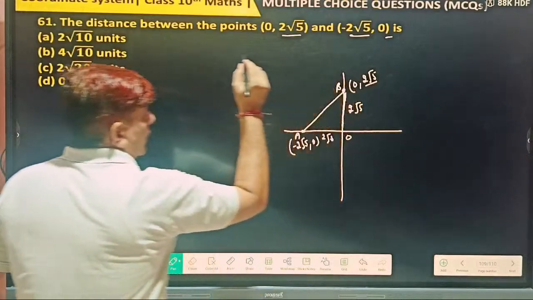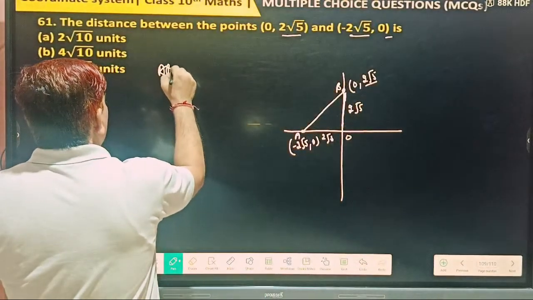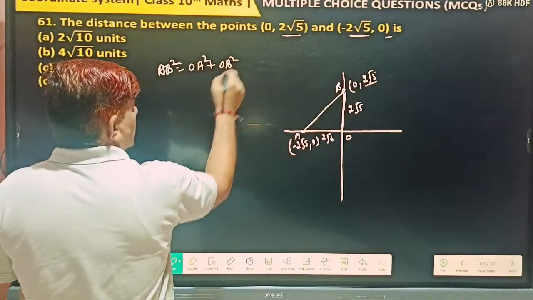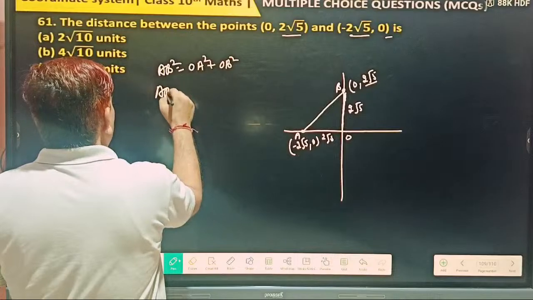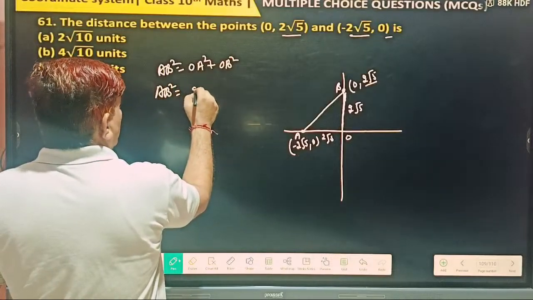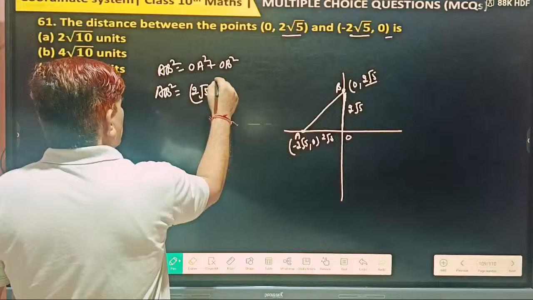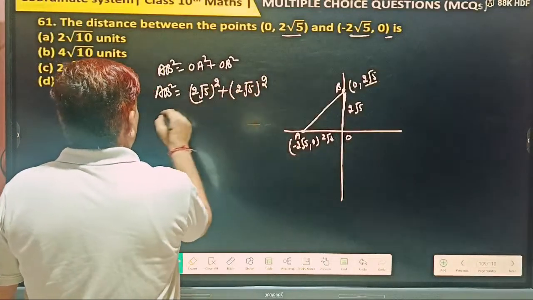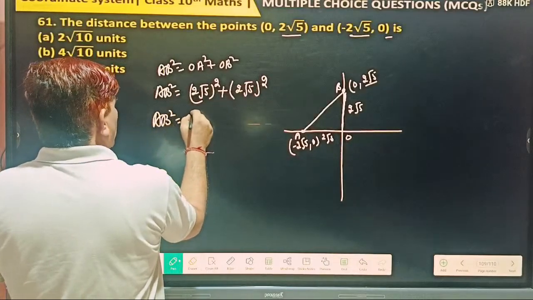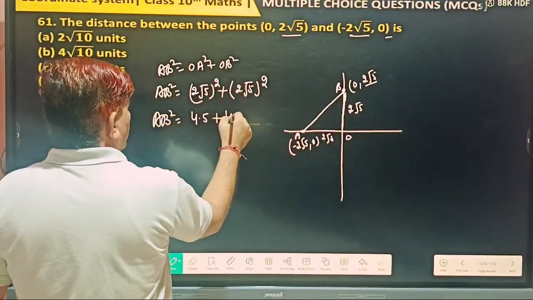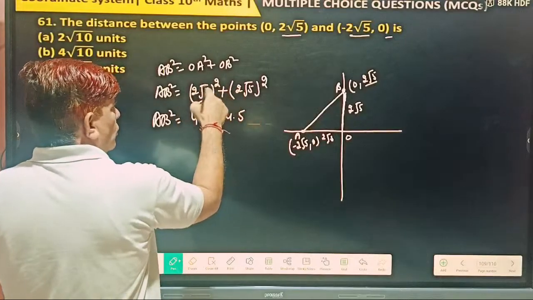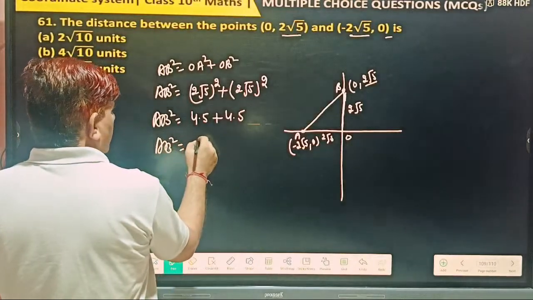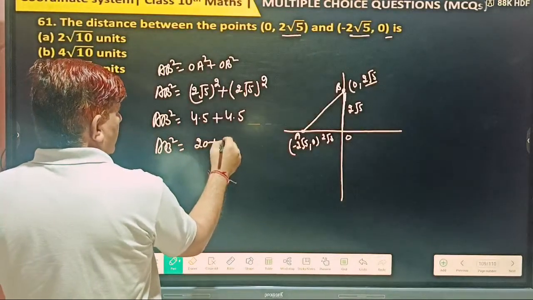So this is triangle OAB. So what can we say? AB square equal to OA square plus OB square. So AB square is equal to 2√5 whole square plus 2√5 whole square. So AB square 4 into 5 plus 4 into 5. AB square equal to what? 20 plus 20.